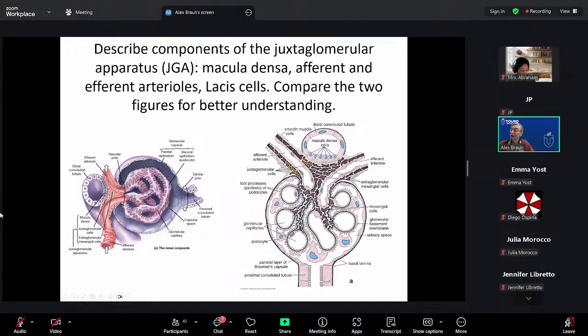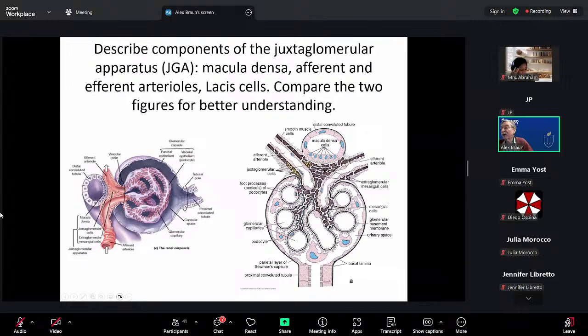The intraglomerular mesangial cells form a stalk-like core or center supporting the capillary loops of a glomerulus. The intraglomerular mesangium is continuous with the extraglomerular mesangial cells, which we see here.